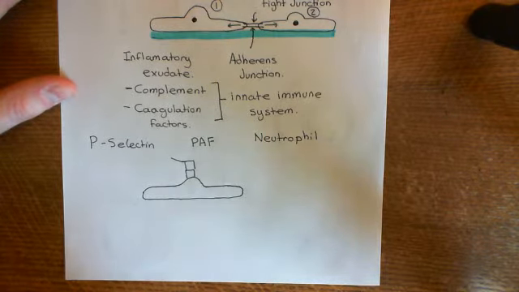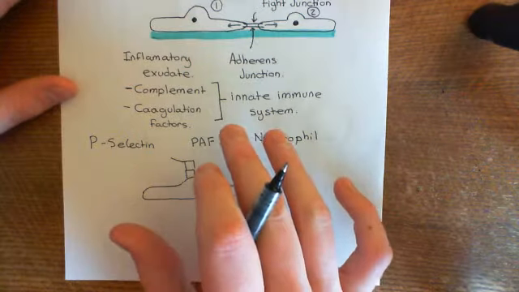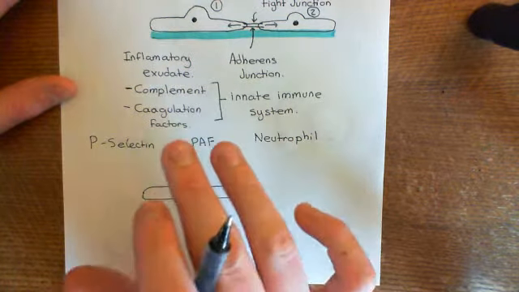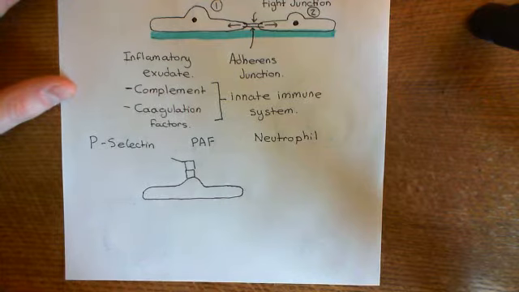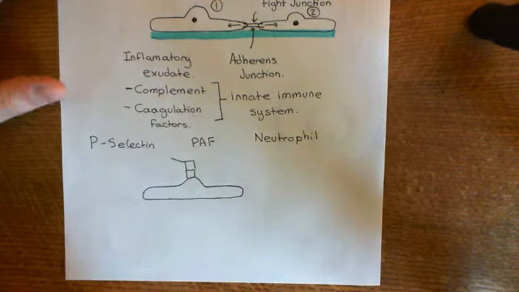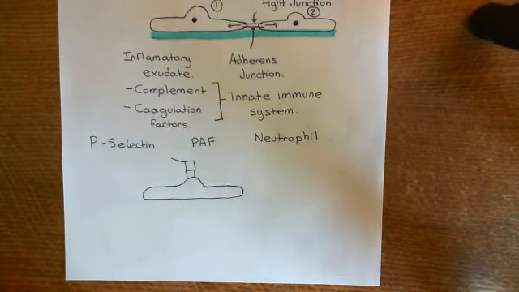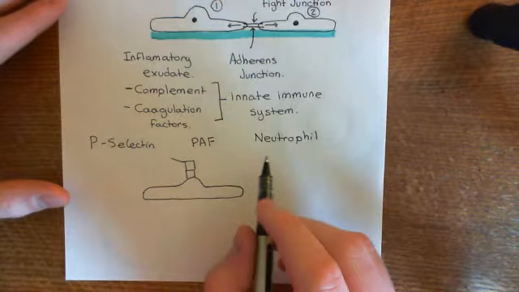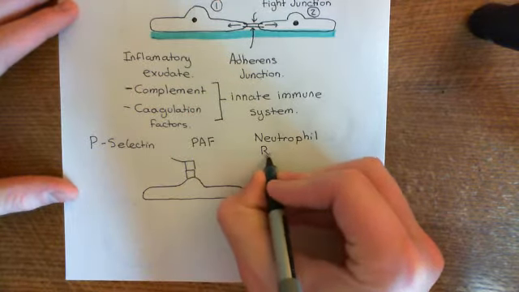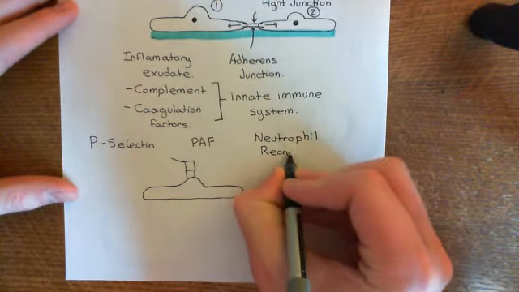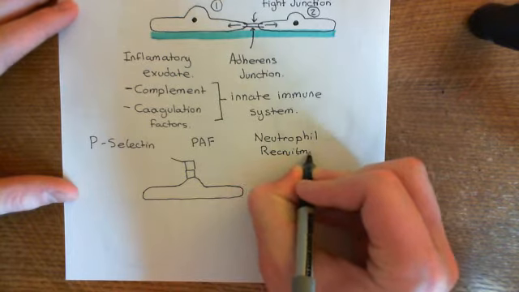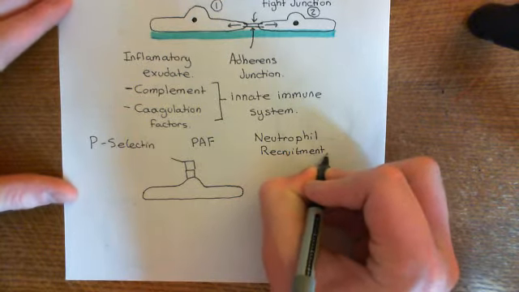We've then seen that you get endothelial contraction in the endothelial cells of the capillaries and the venules, which allows the formation of the inflammatory exudate in the infected area.